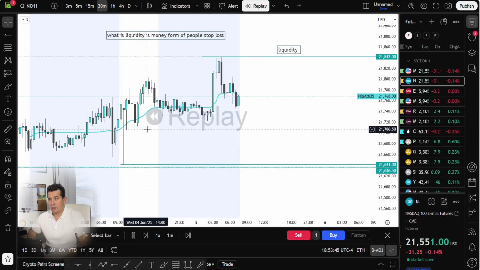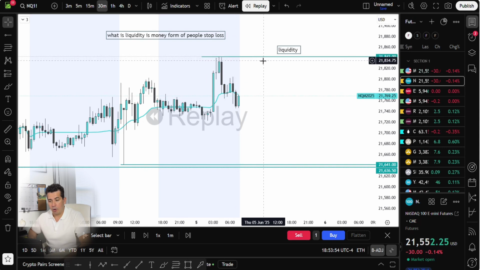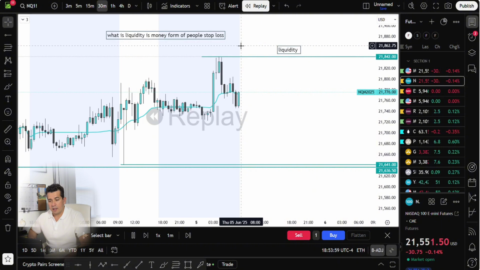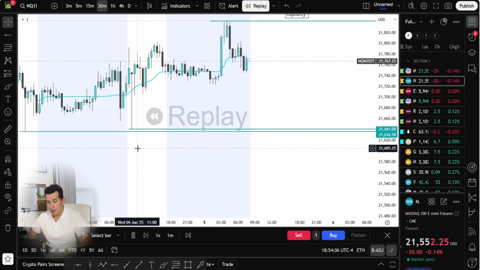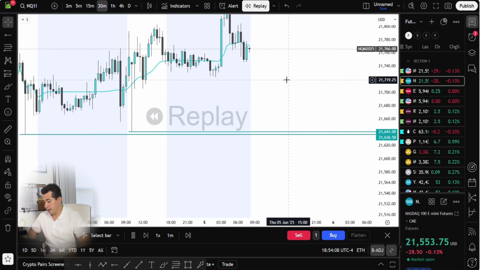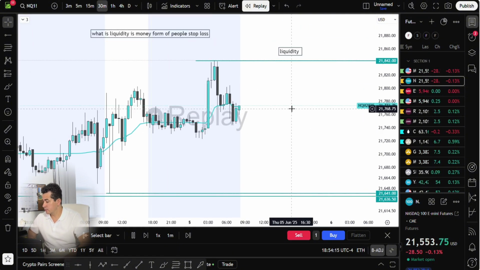The high probability is that it's going to come to this high point, take the liquidity out, take the stop losses, and then reverse to drop down and go for the other side of the liquidity. Remember, liquidity is in the form of people's stop losses. Liquidity is like a magnet.